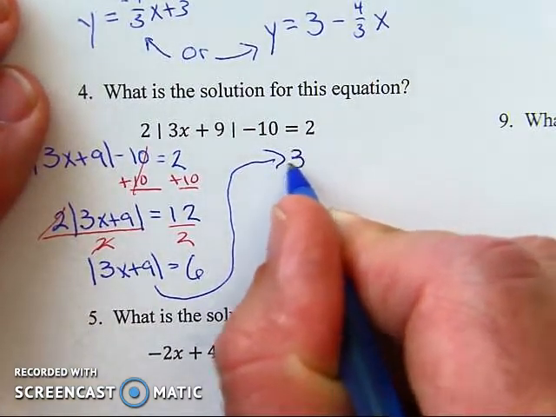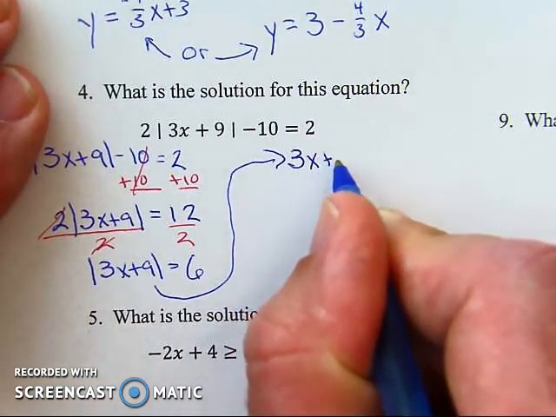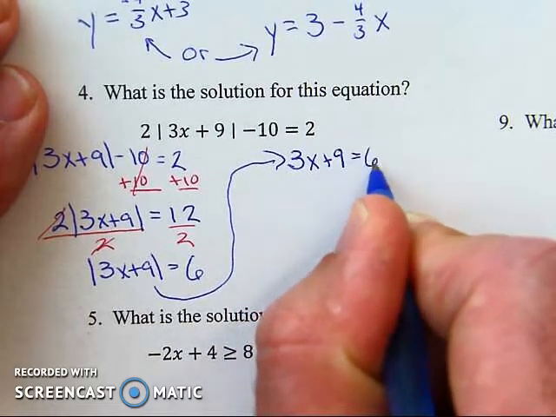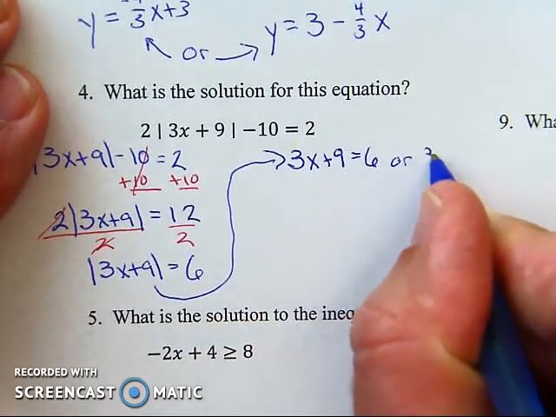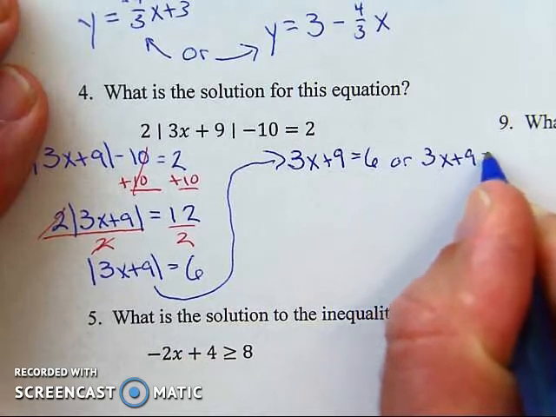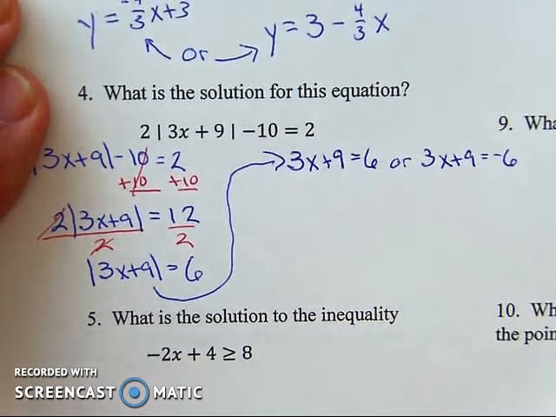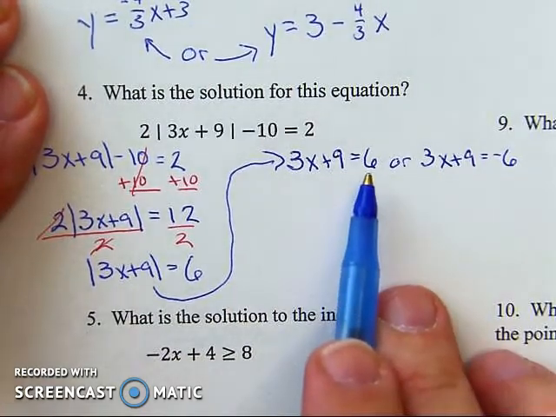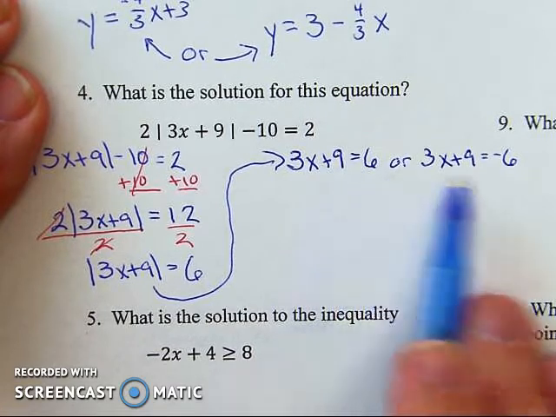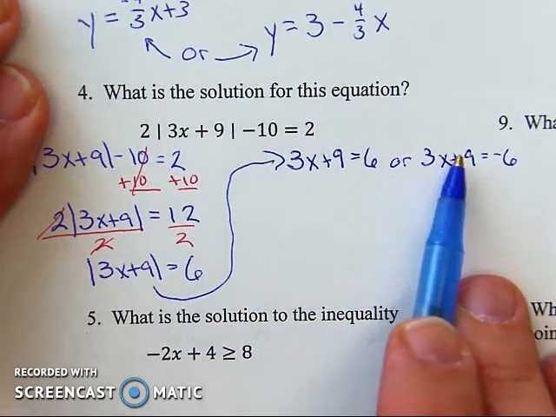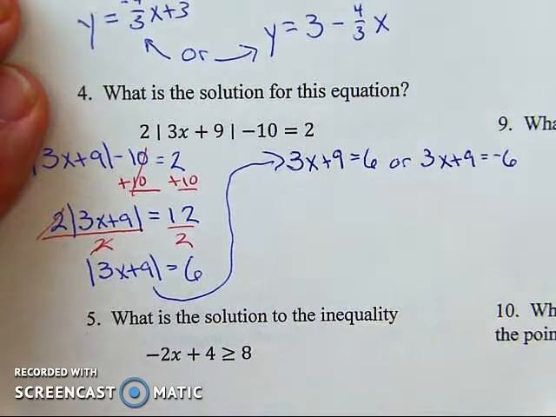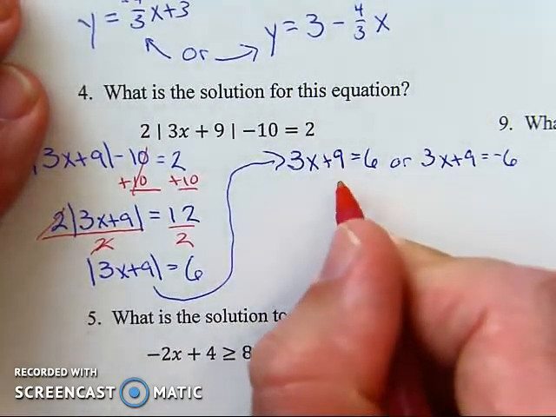And I do that by doing this. It might be 3x plus 9 is equal to 6, or it could be 3x plus 9 is equal to -6. Notice that the only thing that's different is on the right side of the equal sign. The left side stays the same. So I have to solve each one.